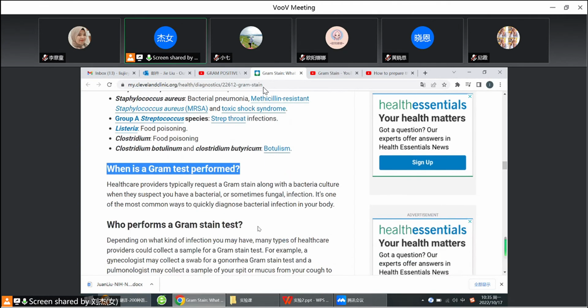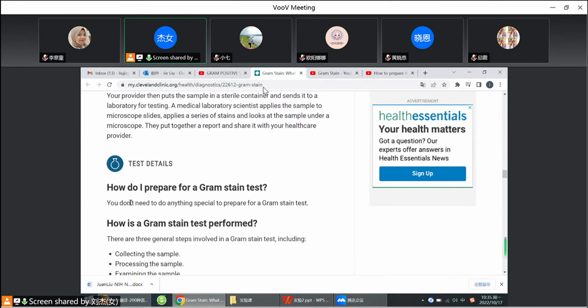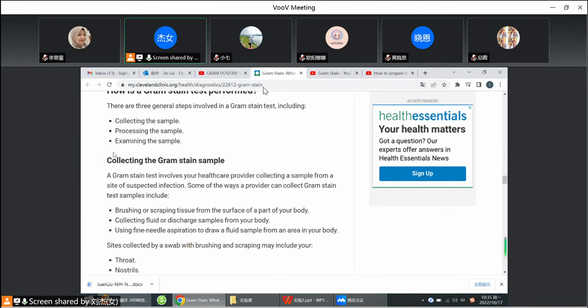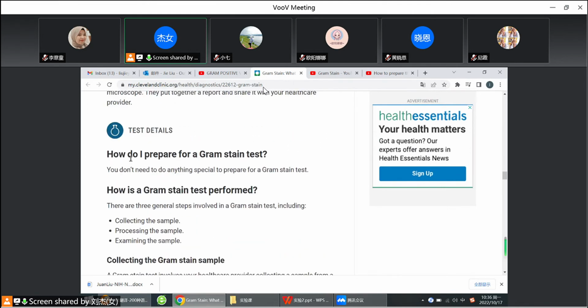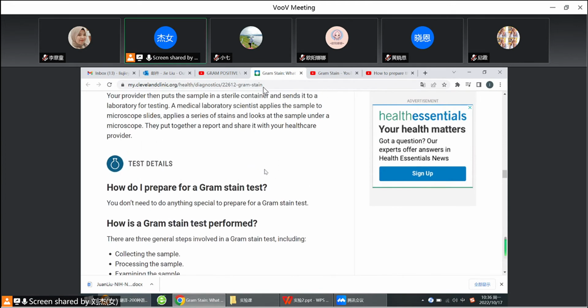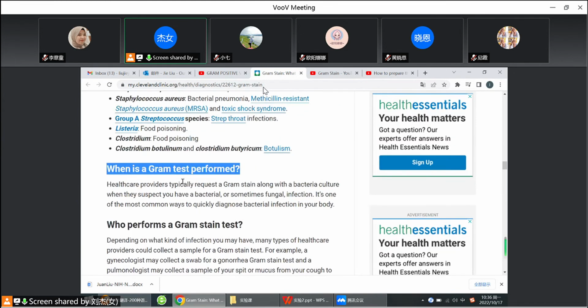And after that, the most important is, let me see the samples. How do I prepare for a gram stain test? So when is a gram stain test performed? We can say that healthcare providers typically request a gram stain along with a bacterial culture when they suspect you have a bacterial or sometimes a fungal infection.